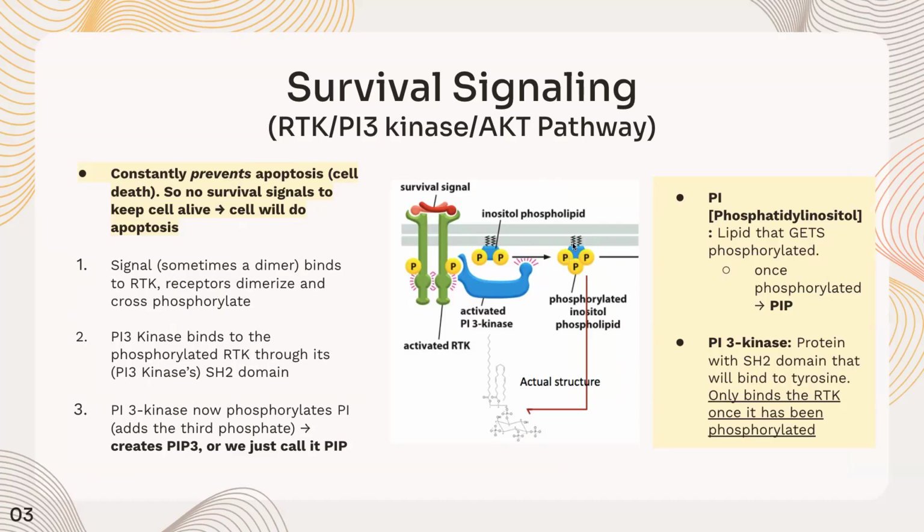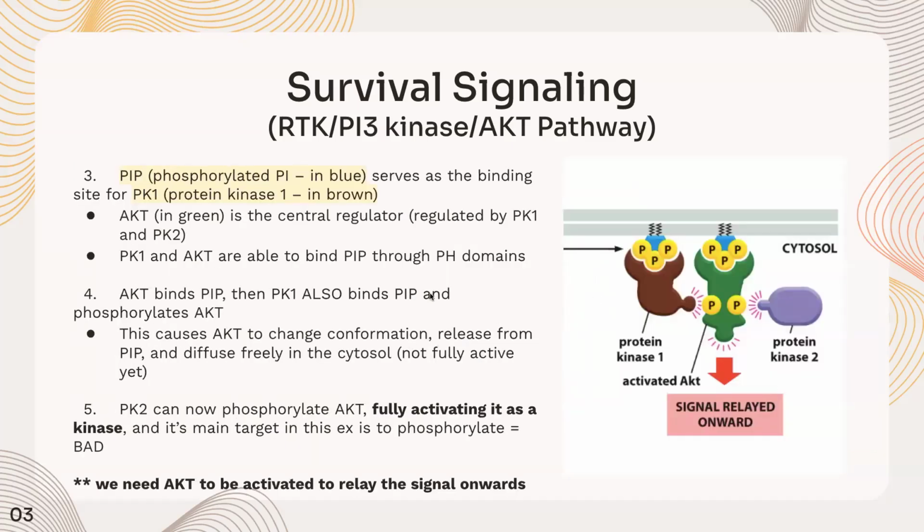PIP is the 3 block right here, so there's 3 phosphates, blue block. And then PDK1 also binds it and phosphorylates AKT. Now, when this is phosphorylated, is it fully active? It's not actually. Usually we're used to seeing something phosphorylated and it's fully active, fully doing its job. That is not the case with AKT.